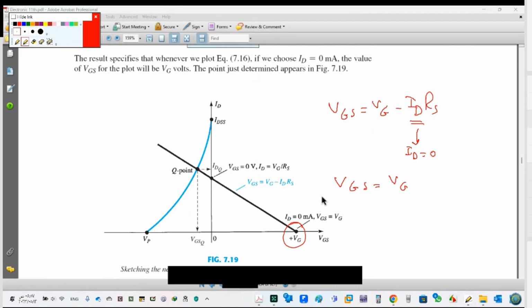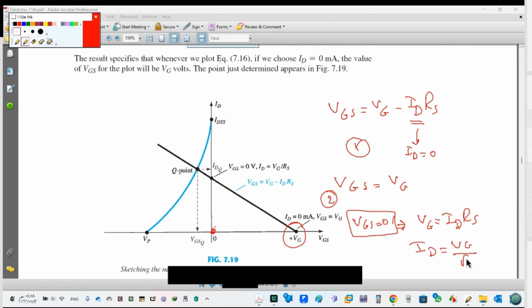Now, another point: if I select VGS equal 0, then ID here equals VG over RS. Then you can find this point, then make a line.